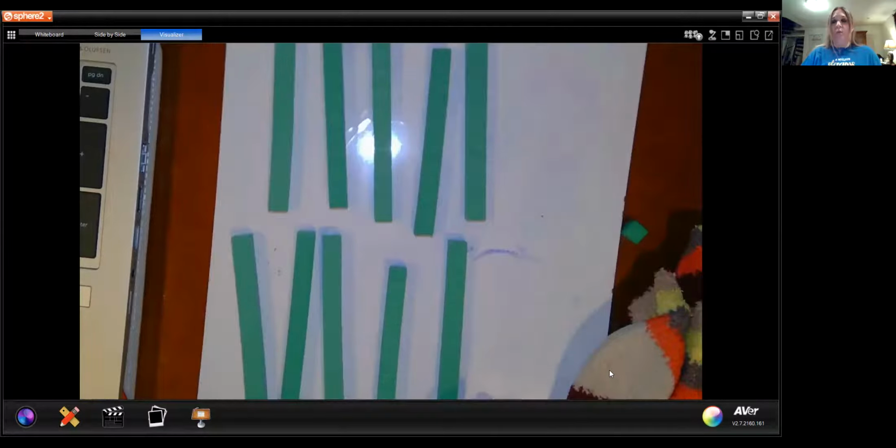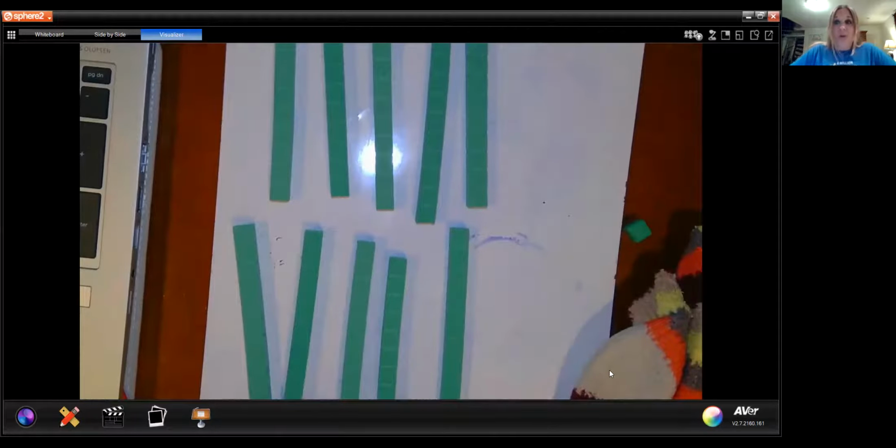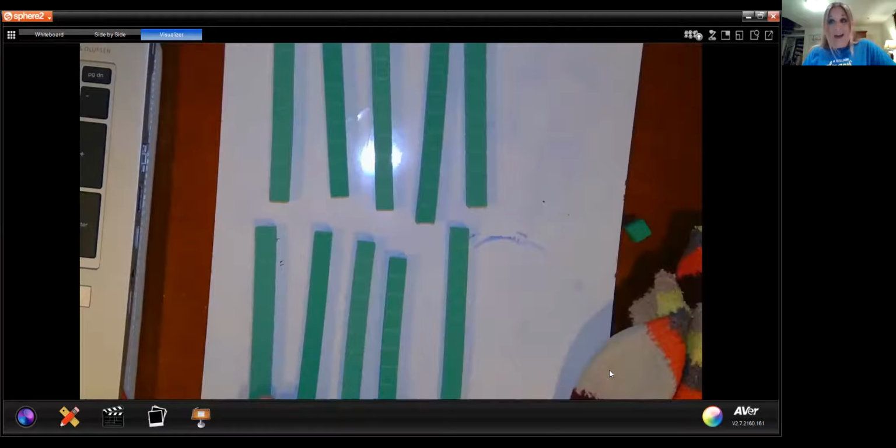Okay, so right here we have 10 longs. It's also known as 10 tens. Or right here you have 100 ones. So there are many different ways that you can see the display in front of you.